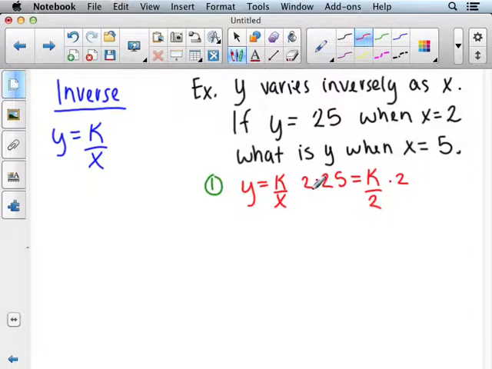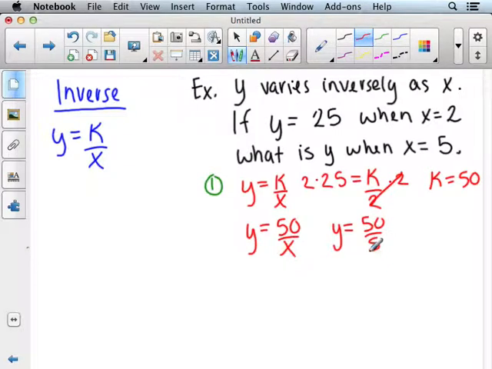Multiply by 2, multiply by 2. We get that k equals 50. So now I'm going to substitute back in. So my equation is y equals 50 divided by x. Now, what is y when x equals 5? So we simply say, okay, y equals 50 divided by 5. Easy. Y equals 10. And there's your answer.